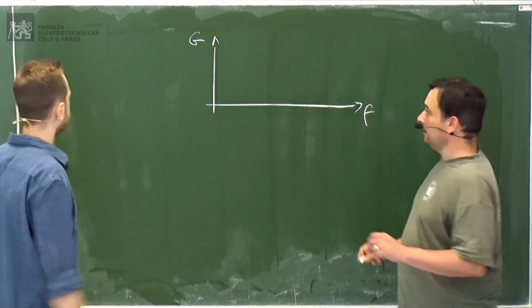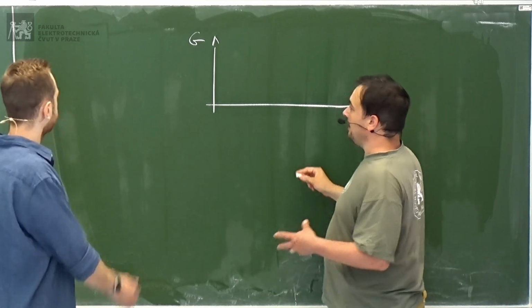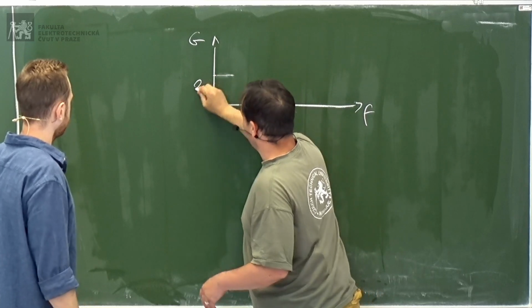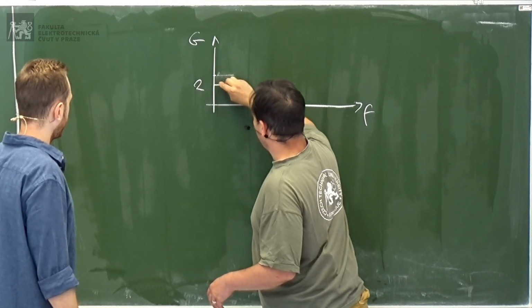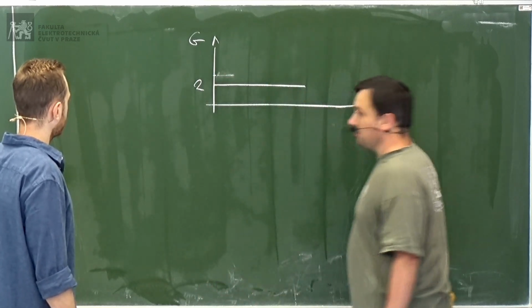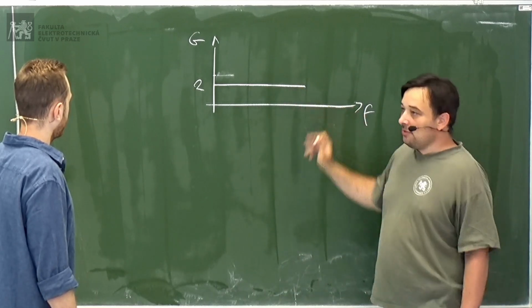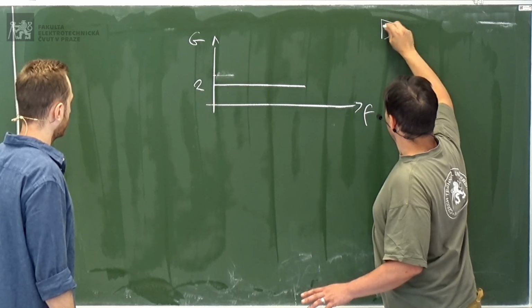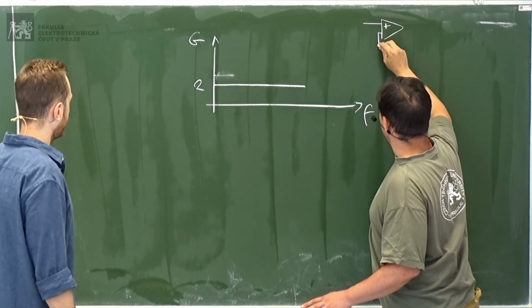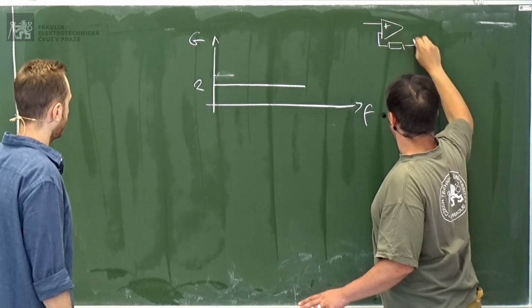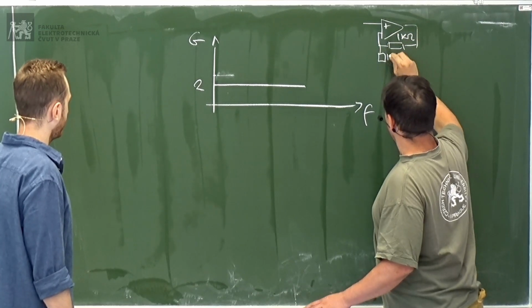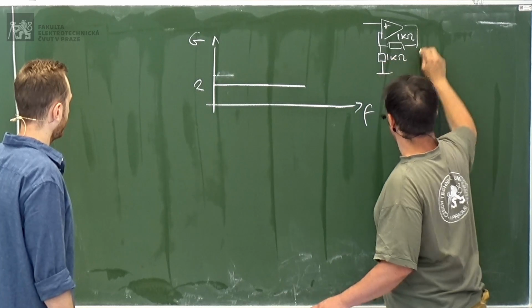Okay, gain. And let's say that the gain is constant. Let's say that you choose a gain equal to 2, okay? It's constant until some frequency. So this means that the operational amplifier works properly. So we have our operational amplifier like that. We put 1 kilo ohm here, and 1 kilo ohm here.